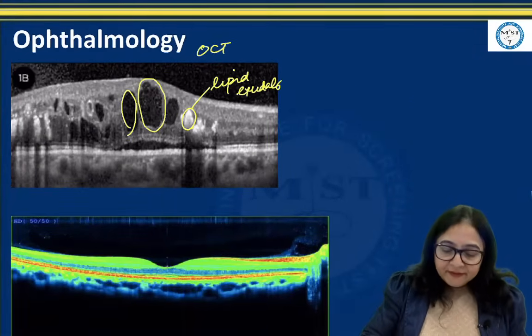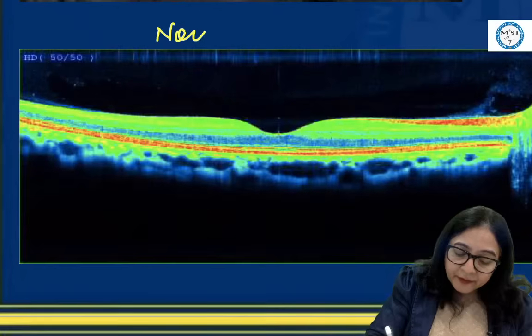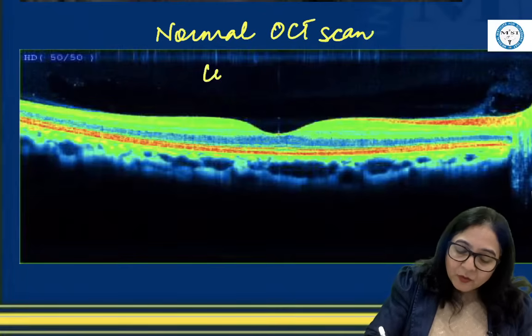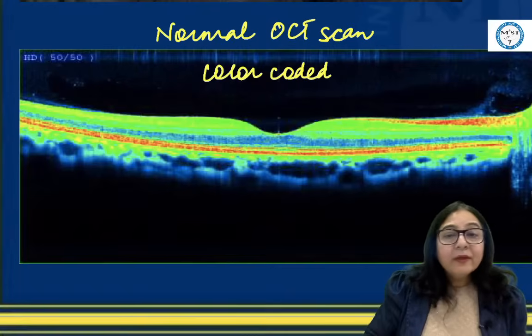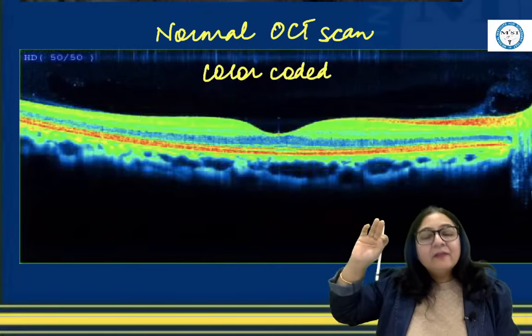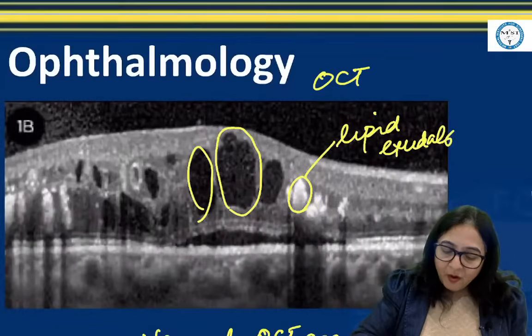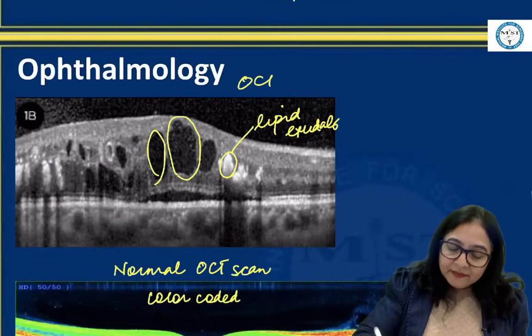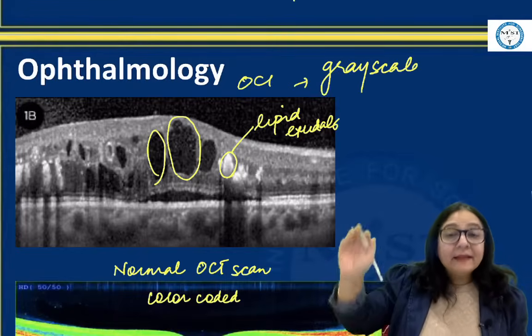And for your reference, I have put a normal OCT picture also here, normal OCT scan. So this one is a color coded picture, beta. It can be a color coded scan, where they give color to the different layers of the retina, or it can be the type of this black and white picture which you saw, we call it a grayscale scan, beta, grayscale.